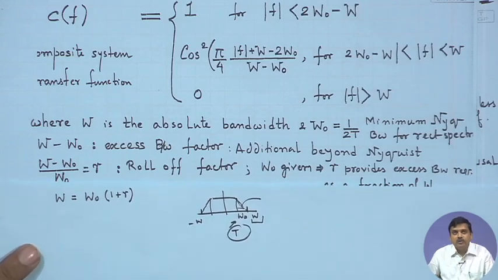So, why do we go in this manner? Because generally you will be given the bits per second to be transmitted, bits per second per hertz is what we calculate. So, if you are given bits per second, you know the modulation, that means you know k, all you are left with is to determine t. So, if you determine t, you get the symbols per second.